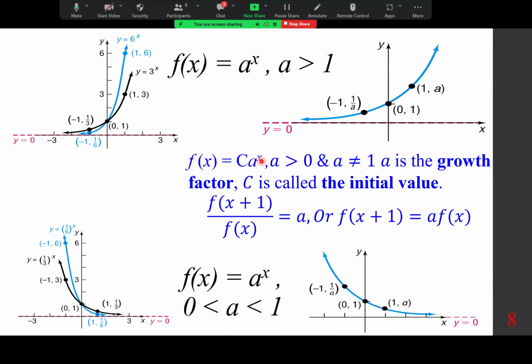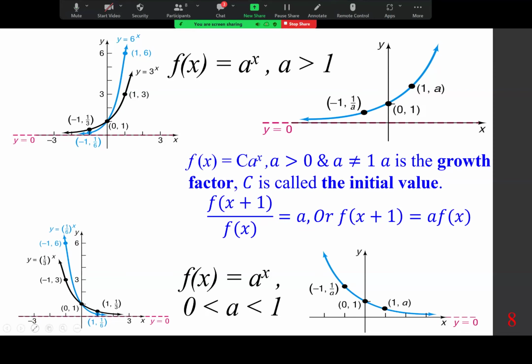So if you replace this with x plus 1, it becomes c a to the power of x plus 1, and f of x is c a to the power of x, the ratio is a. Or f of x plus 1 is f of x times a.